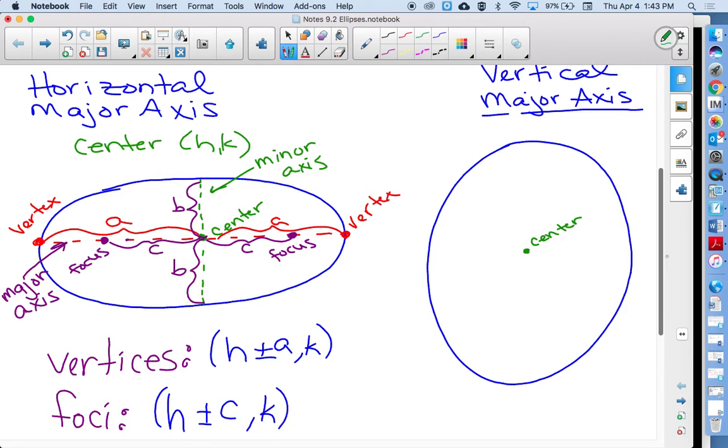So just try and label the same pieces of information, except now the things should be going vertically. So you still have this major axis going the whole way down, connecting the center and the vertices from top to bottom.